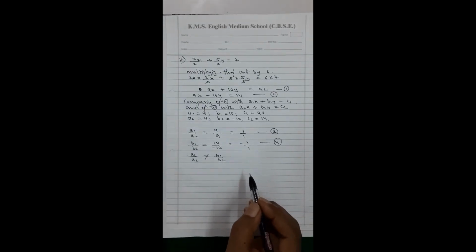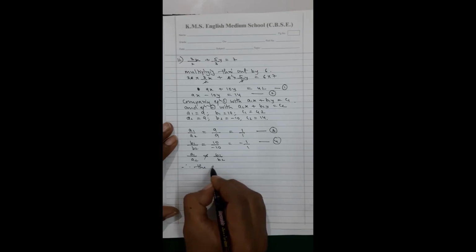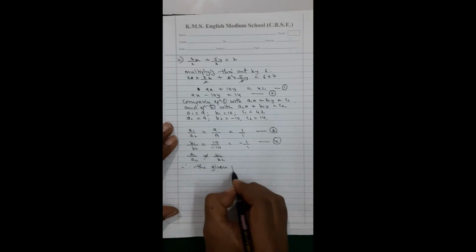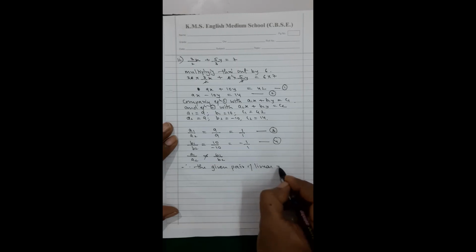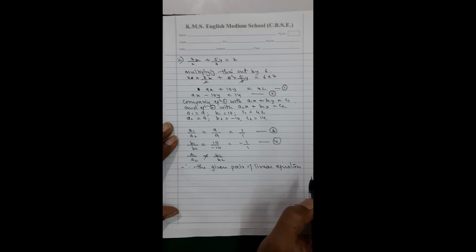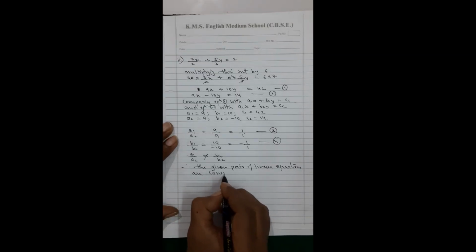One is positive, the other is negative. They are definitely opposite numbers. So therefore the given pair of linear equations are consistent.